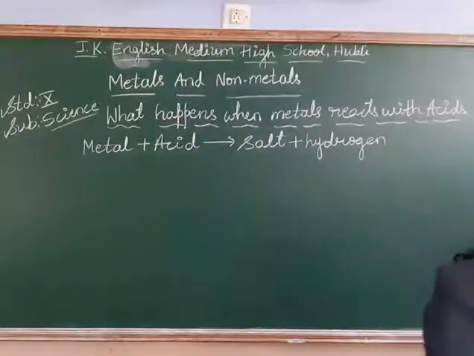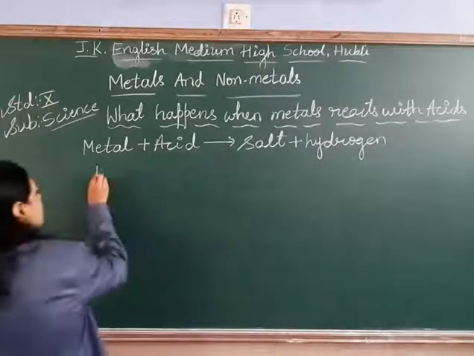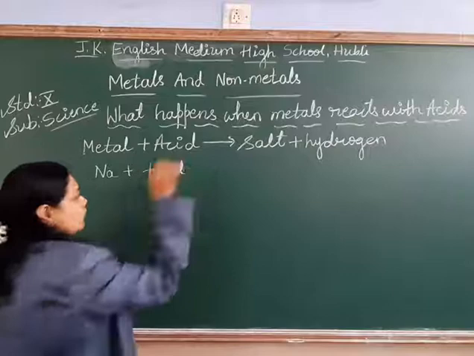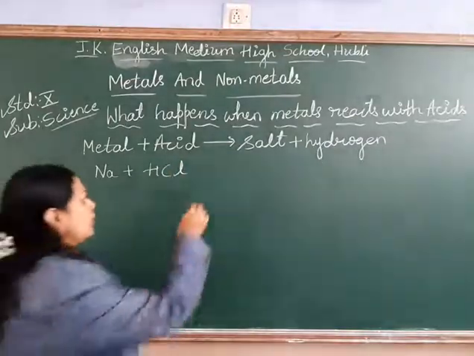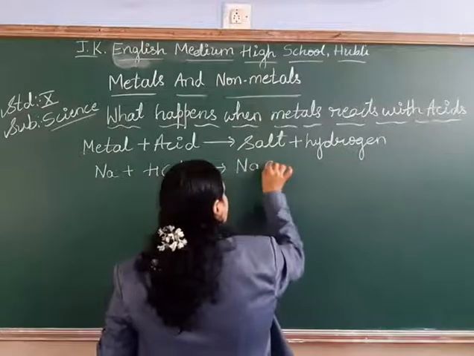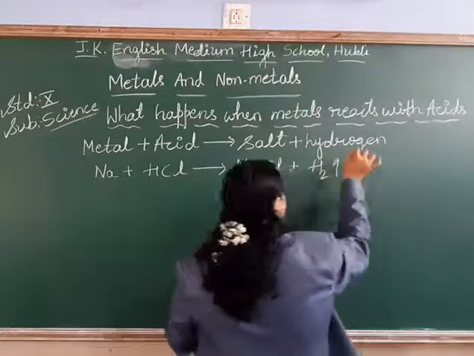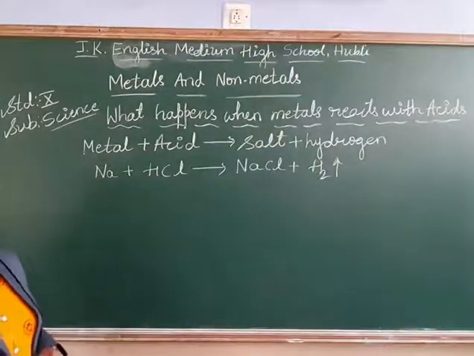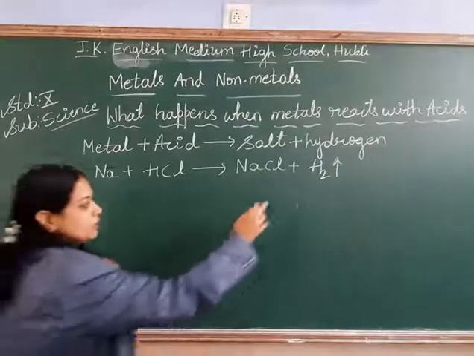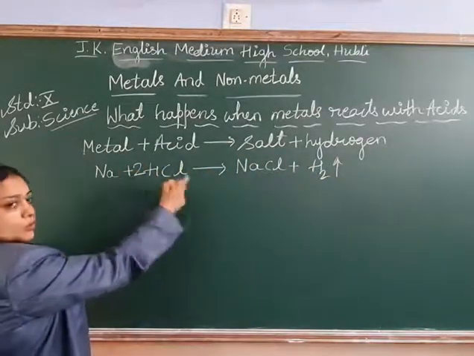The first one is the example of sodium. Sodium when reacts with hydrochloric acid, what are you going to get, students? NaCl, sodium chloride, plus there is a liberation of hydrogen gas. Is the equation balanced? No. Here two hydrogens are there, so let me write 2 before HCl. 2 chlorine.